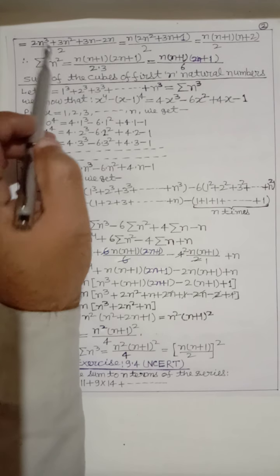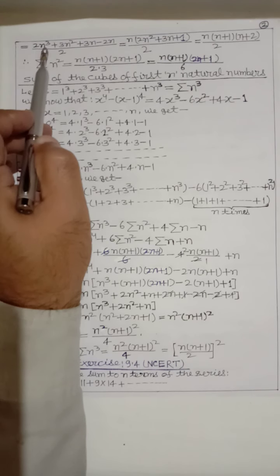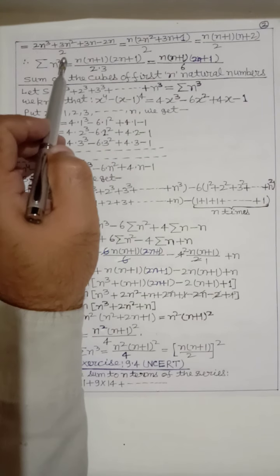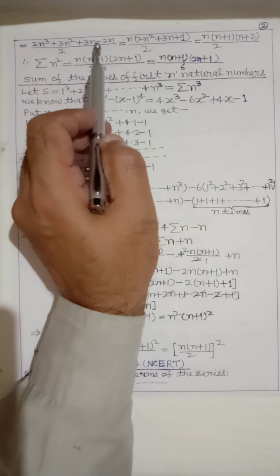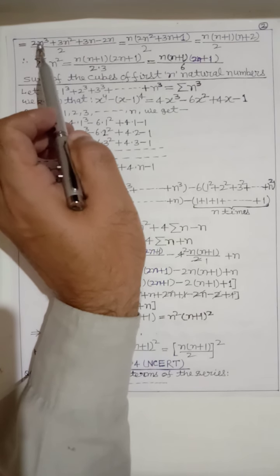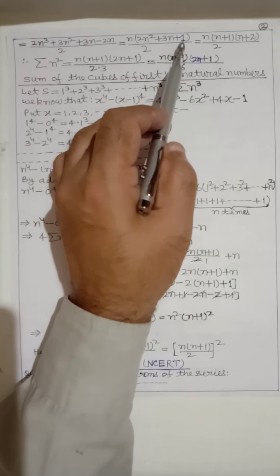We simplify above, we get this is equal to 2n cube plus 3n square plus 3n minus 2n by 2. And here 3n minus 2n, we get n, and we will take n common here, so we get n into 2n square plus 3n plus 1 by 2.